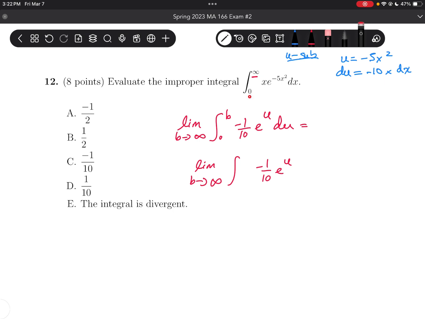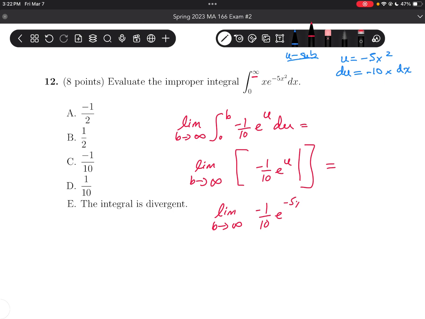The reason is because these lower and upper bounds are with respect to x. Right now I am integrating with respect to u, so I'm not going to write in the bounds yet. I'm going to convert back to x before I write down my bounds. So the way I convert back to being in terms of x is I just use this equation again.